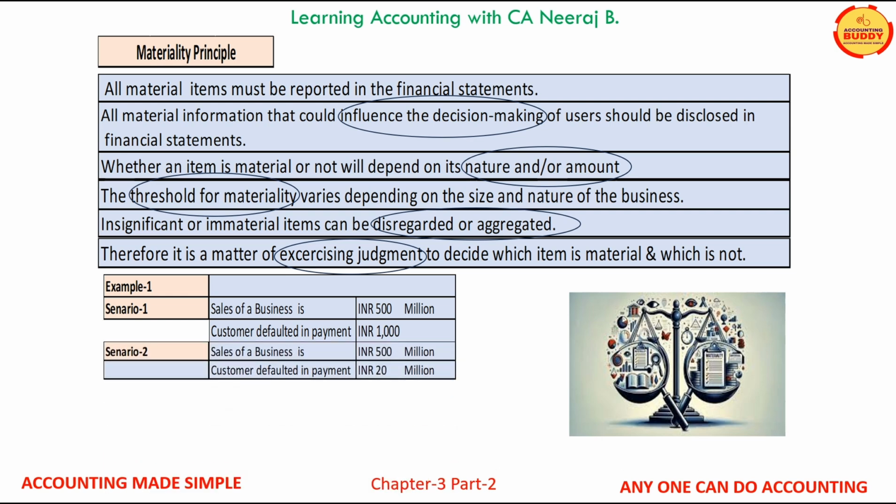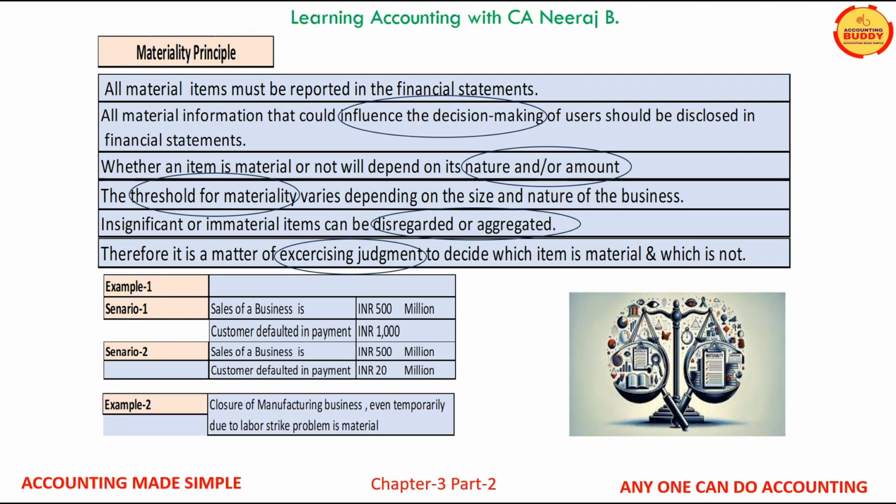In scenario number 2, if the customer default in payment amounts to INR 20 million, now in this scenario it is a significant matter and needs to be disclosed in the financial statements as it is going to have a severe impact on the financial position of the business.